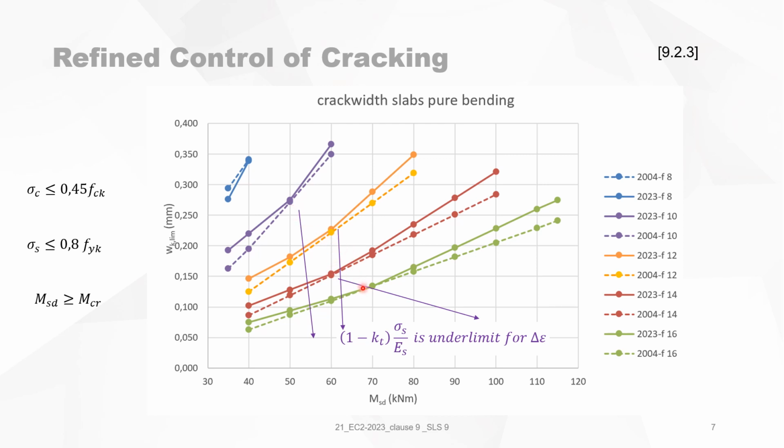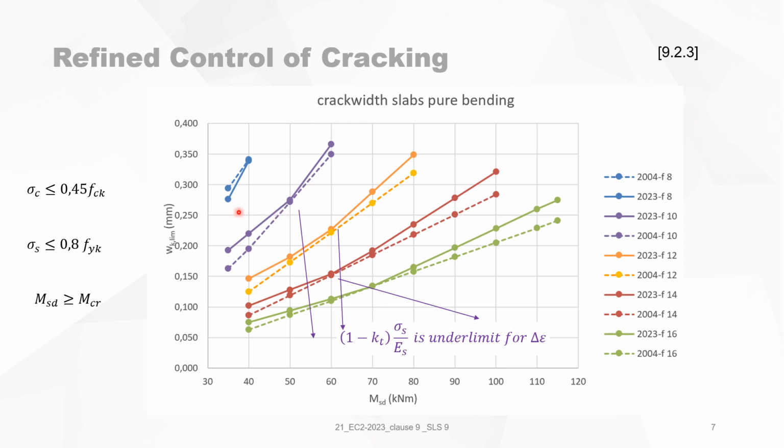Those points are in fact due to the fact that delta epsilon has a lower limit, and it must always be bigger than 1 minus kt times sigma s over Es. This is the point where it changes. So on the left-hand side, this is governing, and on the right-hand side, it's the other part of the formula which is governing.